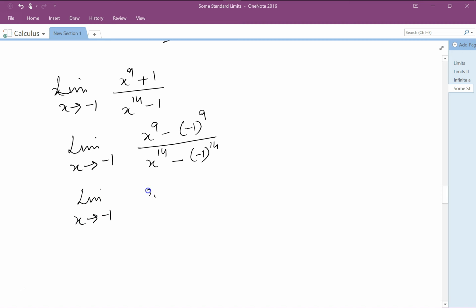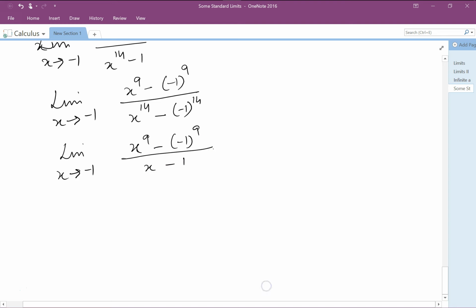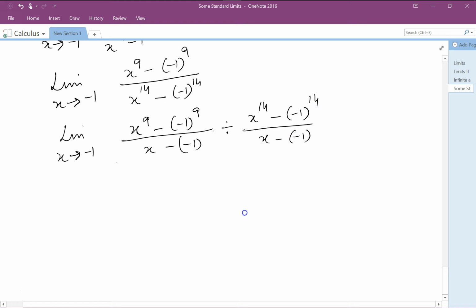Now let's do something different. Let's divide both numerator and denominator by x minus 1, right? Divided by x to the power of 14 minus 1 to the power of 14 by x minus 1. We can do that. Divide both numerator and denominator by the same number.